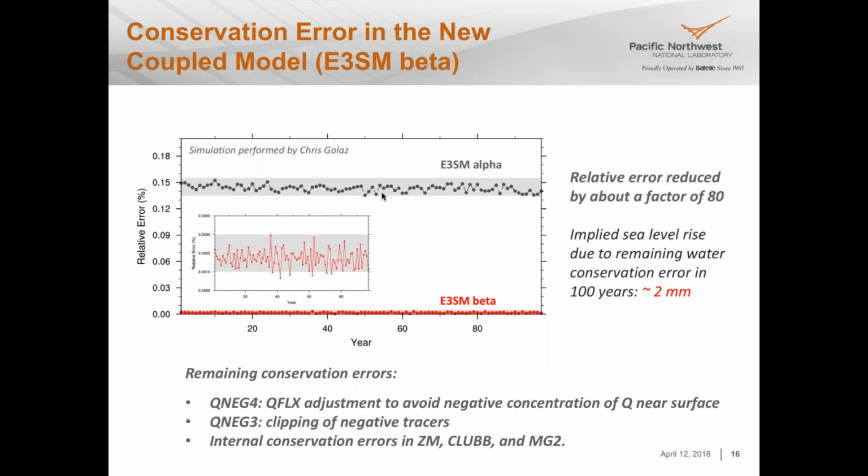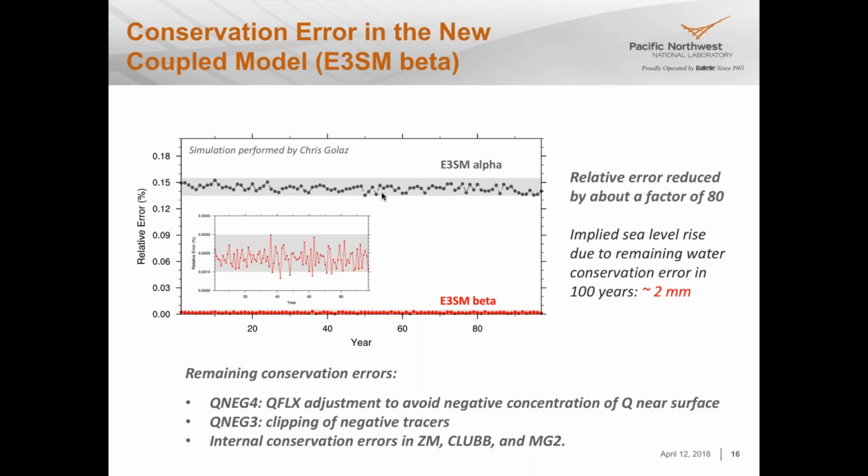Next slide. Let's look at the water conservation error in the new coupling model again. In the figure, I show the relative water conservation error in the 100-year simulation compared to the E3SM alpha version.